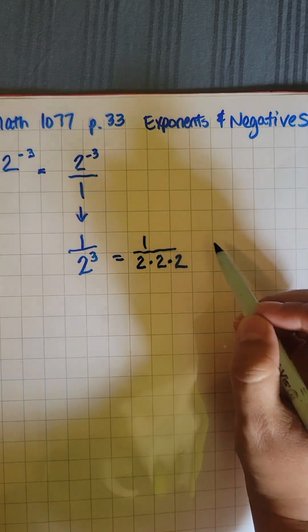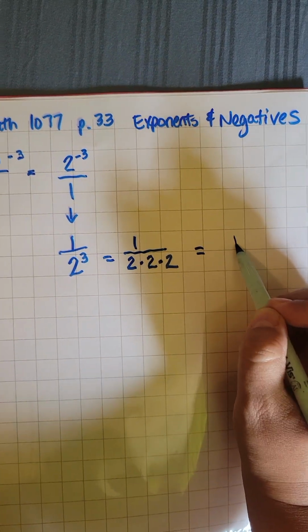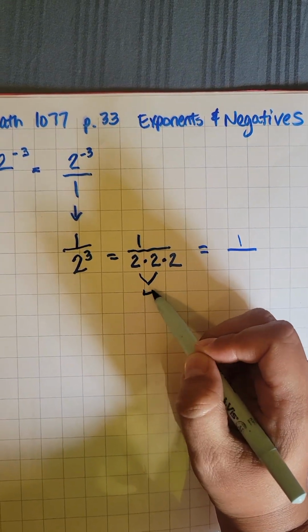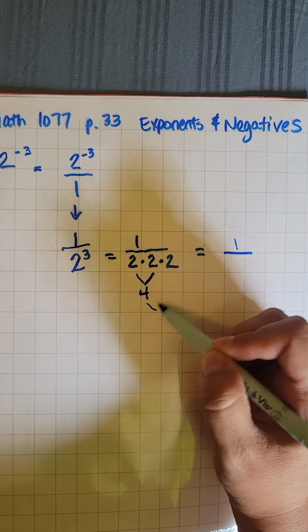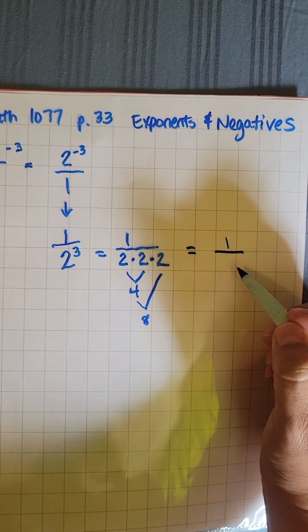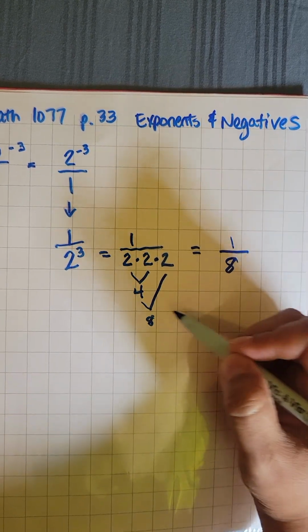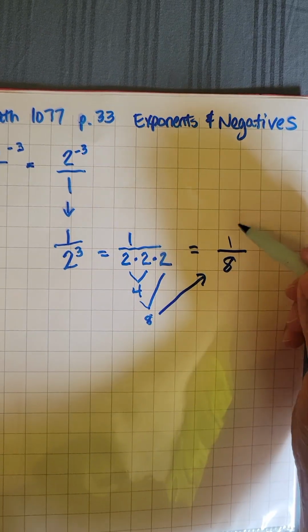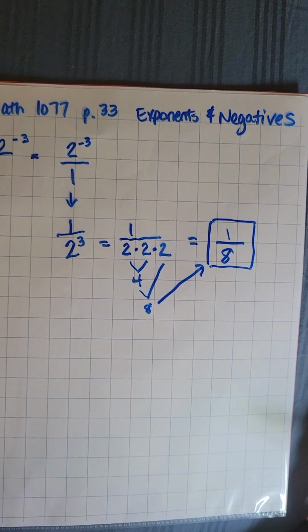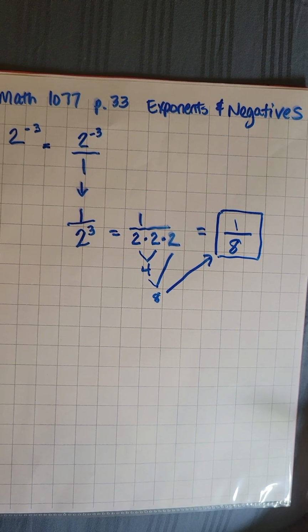And then you just work it out. So it's 1 again, and then 2 times 2 is 4. And then 4 times 2 is 8. Okay, so then this is your answer.